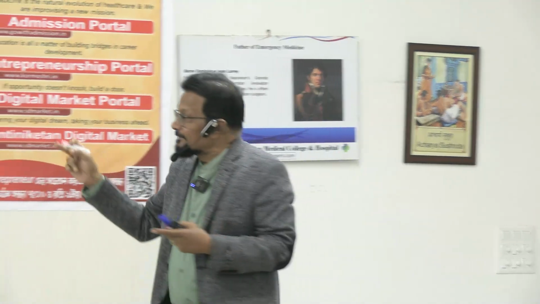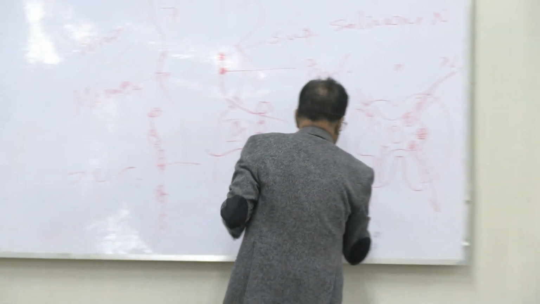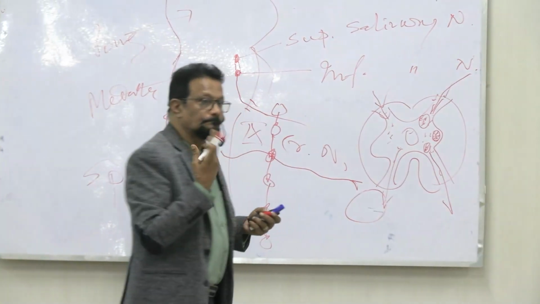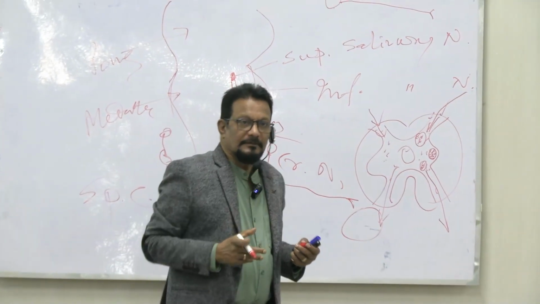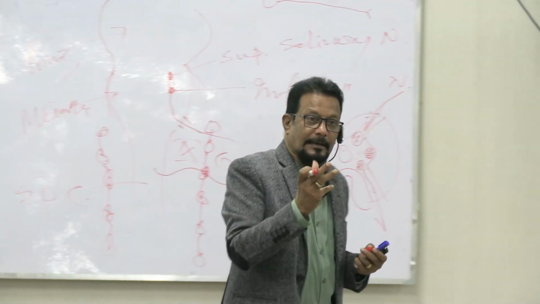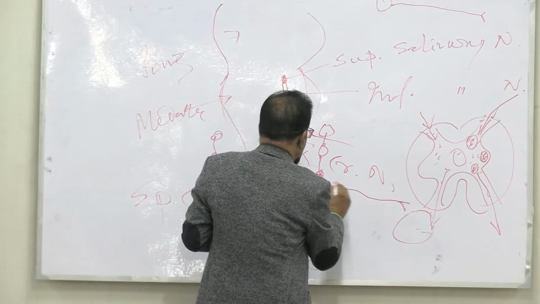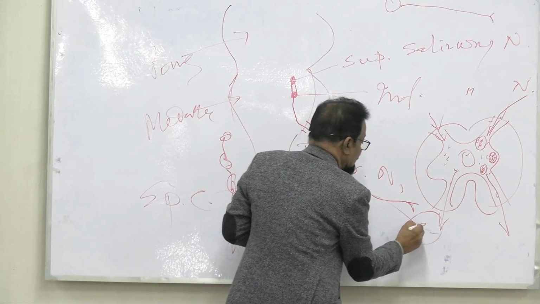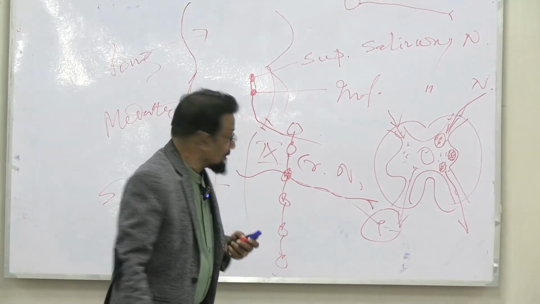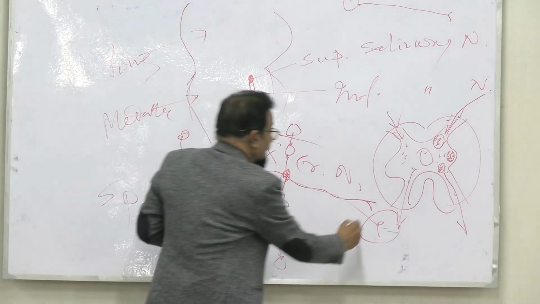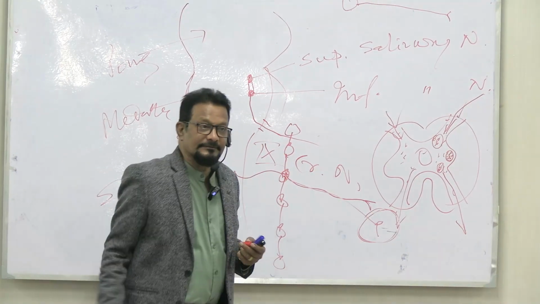So suppose this is the sublingual salivary gland, and they will supply this. So when they are stimulated, they will make a change in this.